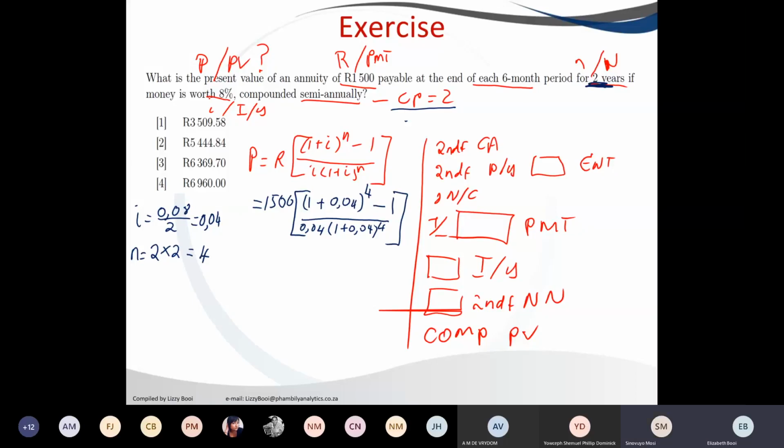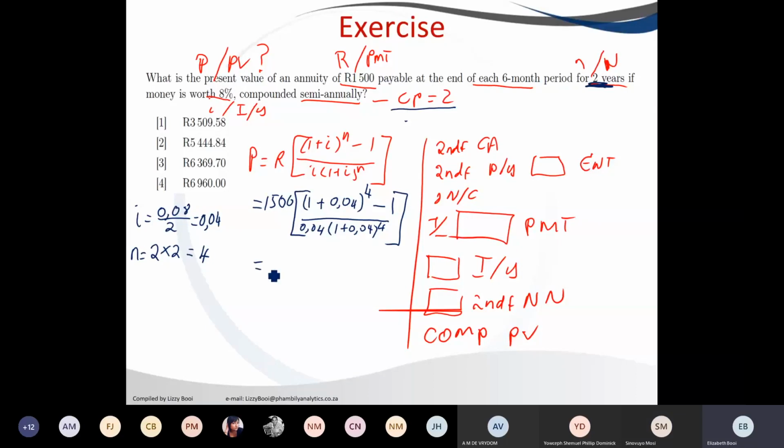Did you get the same as what I have? I think my mistake was that I did not have the 2 times 2. I only had the 2. I didn't have the 4. Always multiply with the compounding period.